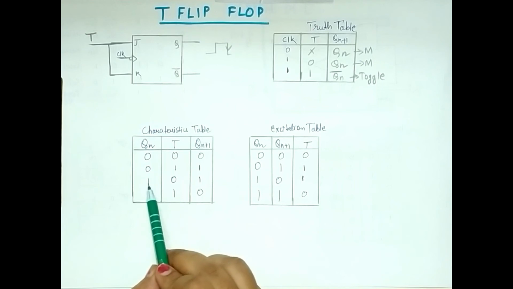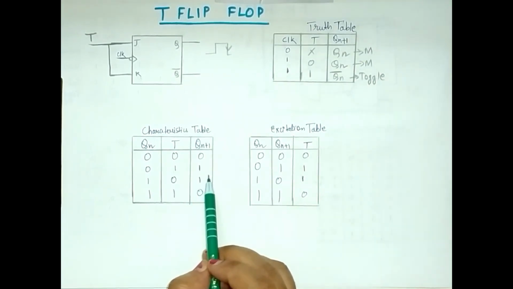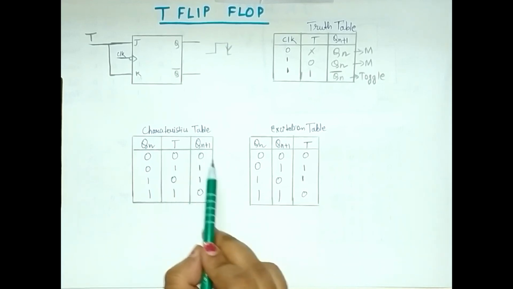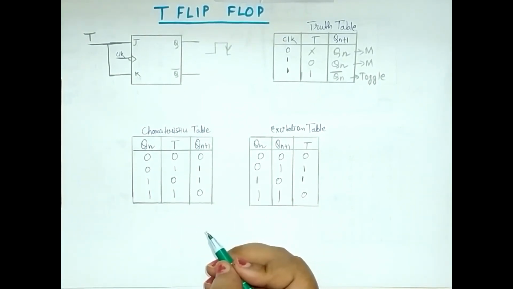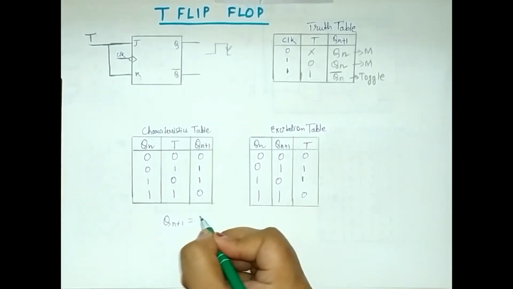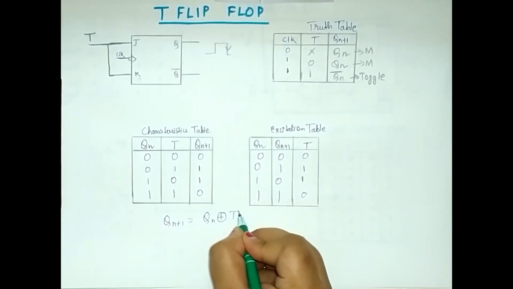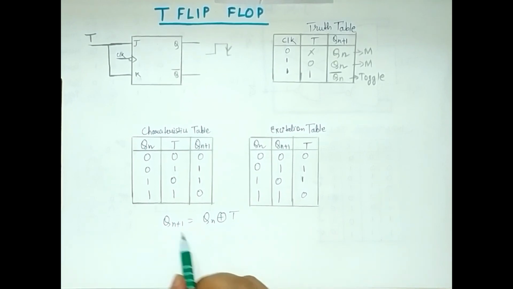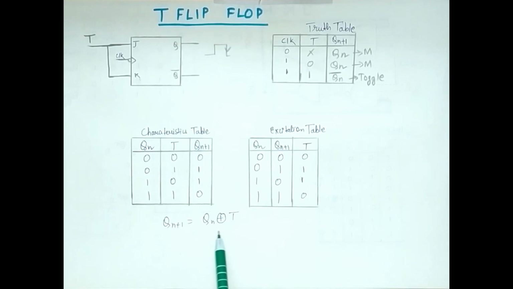So only with an odd number of ones in the input do I get 1 as the output. It is the odd function, and the XOR gate is the odd function. So you can write Qn plus 1 equals Qn XOR T. This is the characteristics equation, and you can also derive it from the K map.